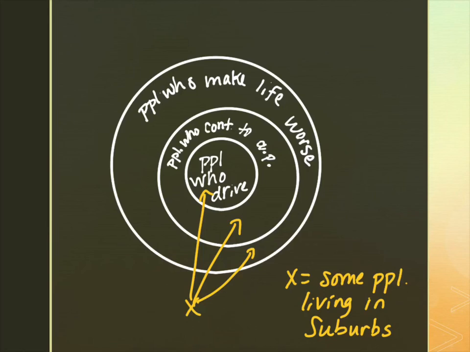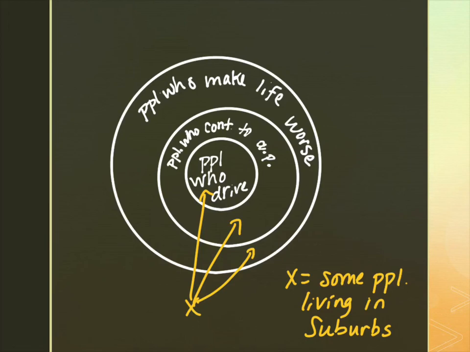All right, so some people, even though it just says "some," is acting very much like a single person. Joe lives in a suburb. This could very easily say, Joe makes life a little worse. He lives in the suburb and he makes life a little worse. Okay, but I don't know where he actually falls. We know he lives in a suburb. That's his descriptive phrase, who he is. He's a suburb person, right? But we don't know where inside the people who make life a little worse he is.